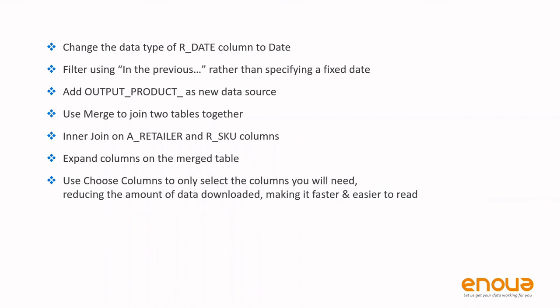After you've added the table, expand the columns on the merge table and select the columns that you want. And just for neatness and efficiency, reduce the amount of data, choose columns that you want to be loaded into Excel rather than selecting them all.